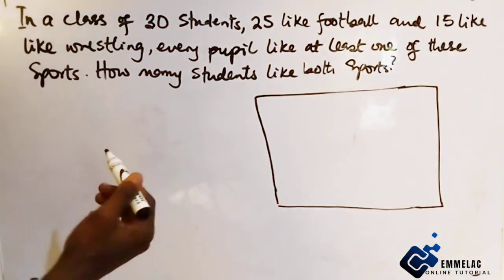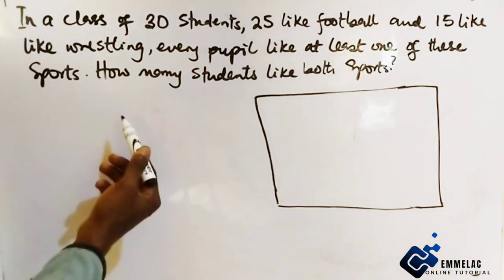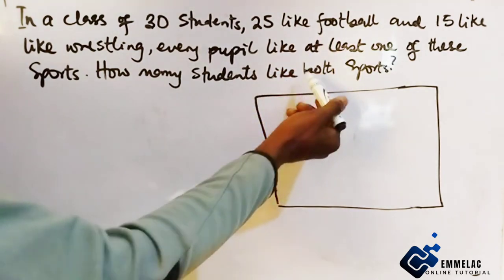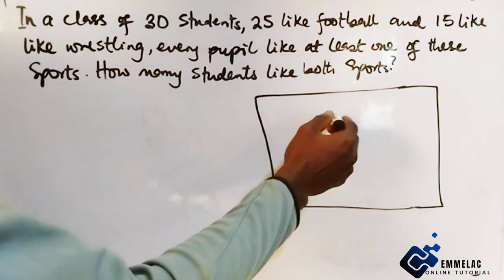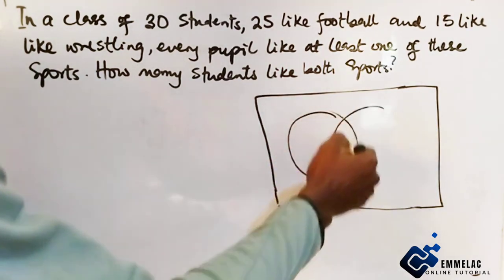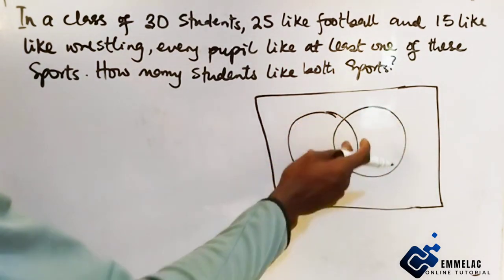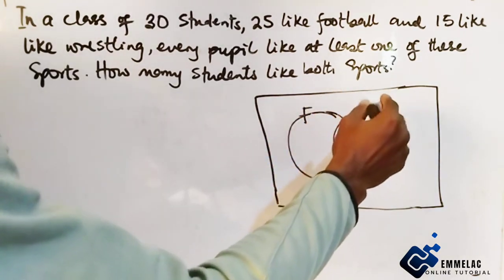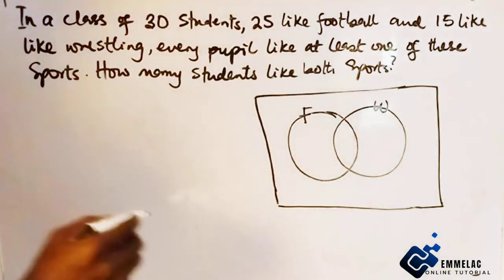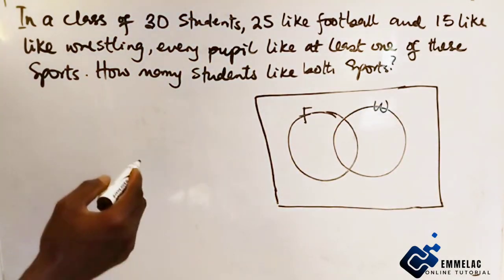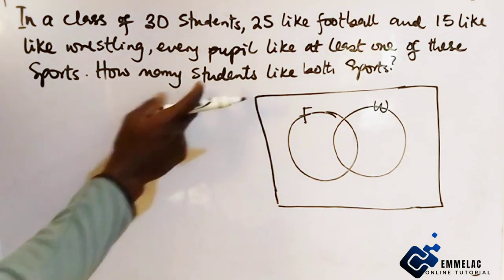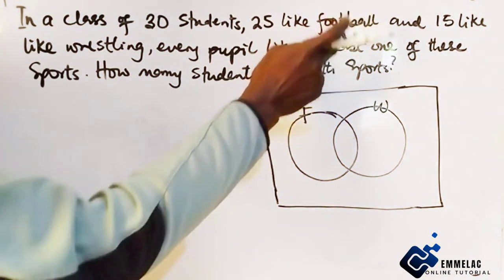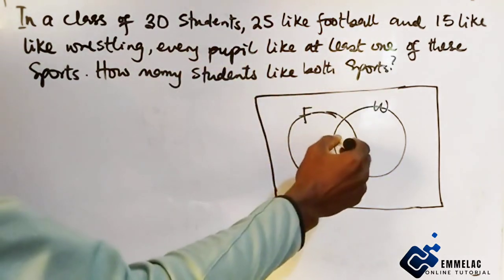Since the question tells us two sports and they are connected, we draw two circles that connect each other. This is for football and this is for wrestling. We don't know the number of students that participate in both football and wrestling. That's what we're looking for, so we represent it as X.